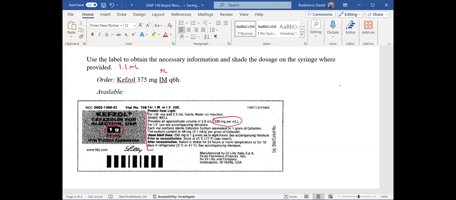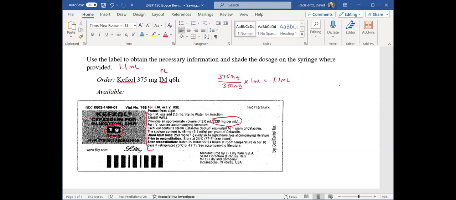It tells us the concentration, but it's small in the label, in the instructions. Once you find that, you're going to take your 375 milligrams, your order, over your available times your quantity. And then you get 1.1 something, but we're just going to round that to 1.1 mL.